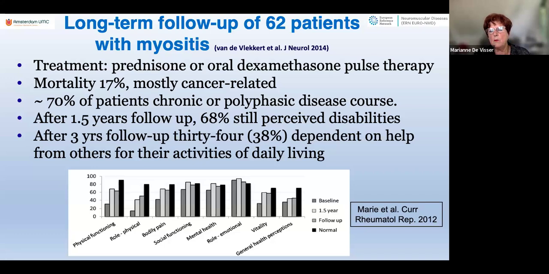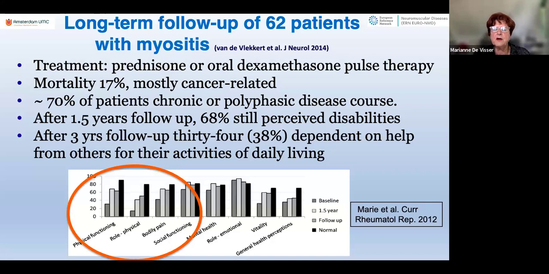After 1.5 year follow-up, almost 70% still perceived disabilities, and after 3 years follow-up, nearly 40% was, according to the SF36, dependent on help from others for their activities of daily living.